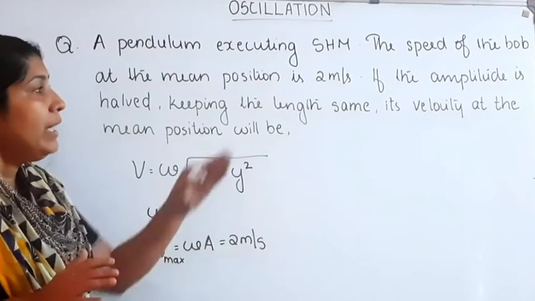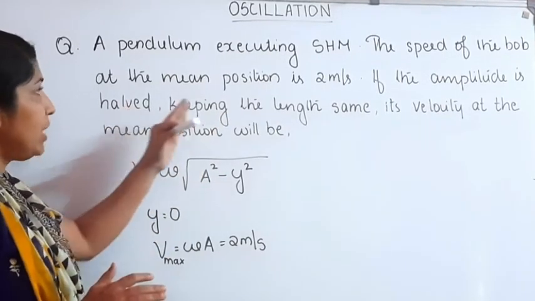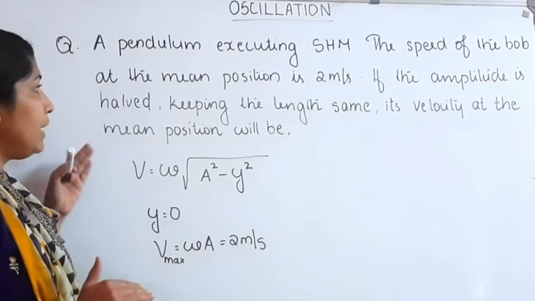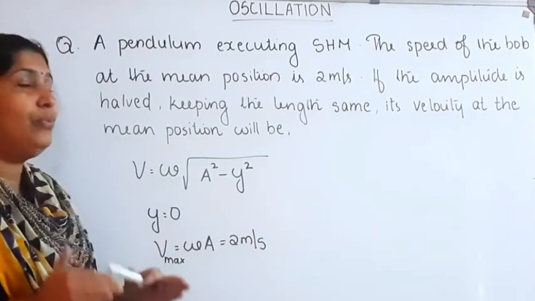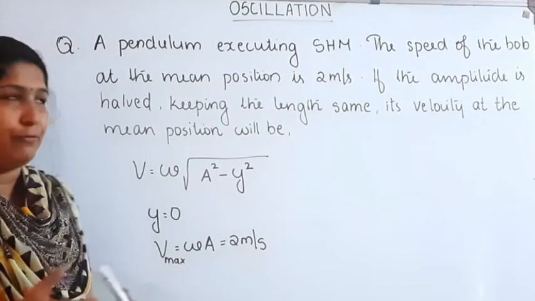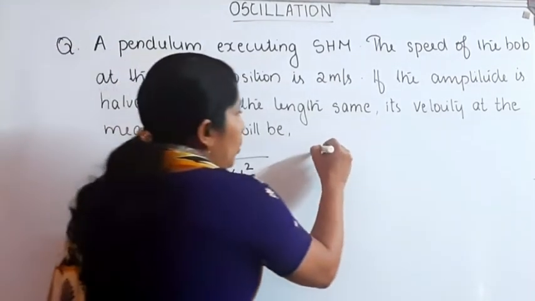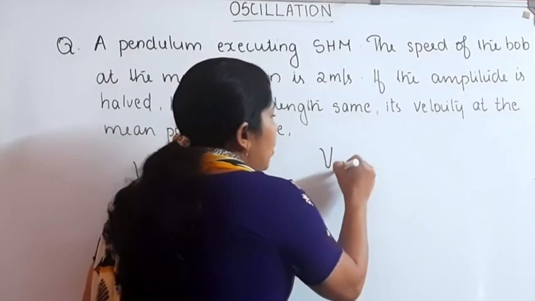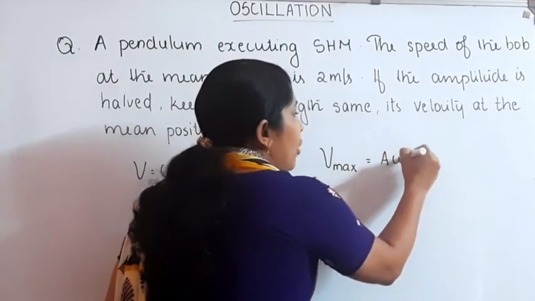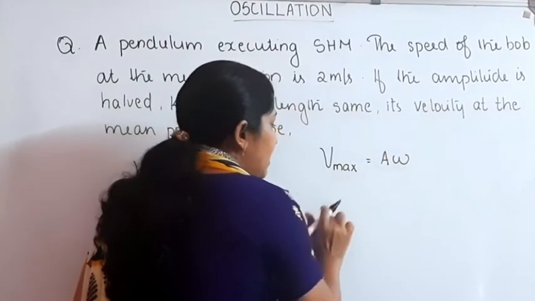Okay. Now, if the amplitude is halved, keeping the length the same, what is the velocity at the mean position? Now, we want to find out the velocity at the mean position when the amplitude is halved. Maximum velocity at the mean position is equal to a omega. What about the new maximum velocity?